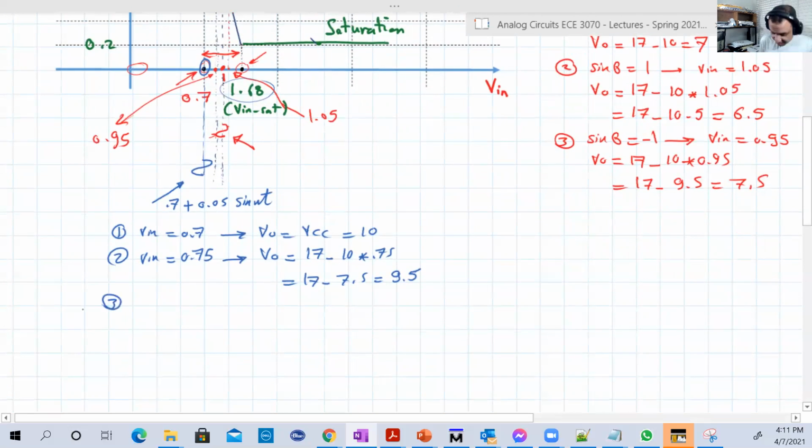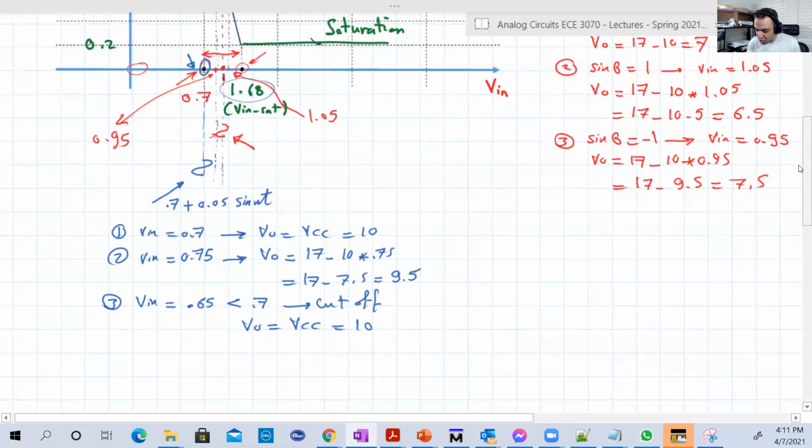Number 3, and most importantly now, when sine omega t is equal to -1, the input will be 0.65. Oh, 0.65 is basically less than 0.7. So the transistor will be in cutoff. So the output for sure will be equal to VCC, equal to 10.